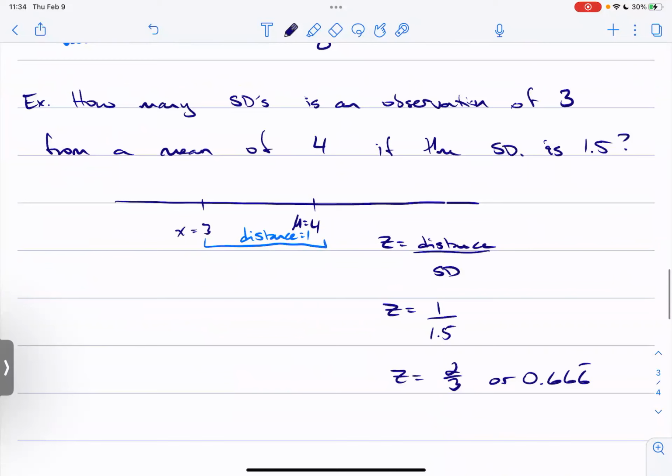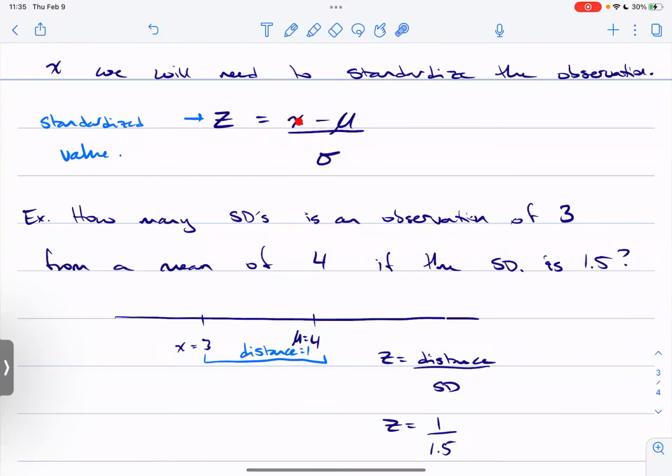This is really negative, but we didn't include that. Why would it be negative? The distance is 1, but we need some way to denote if it's 1 below or 1 above. That's why we always do X minus mu. That way we get negative values of Z if it's below the mean.